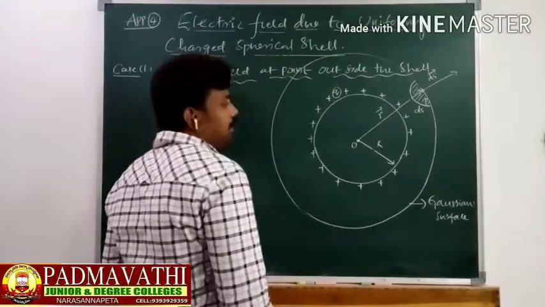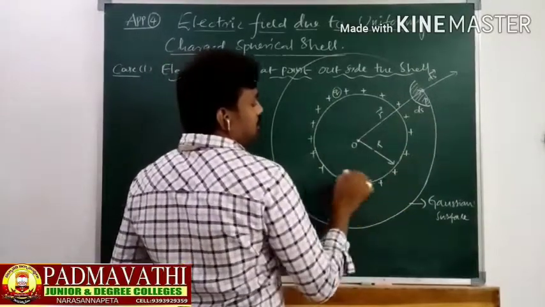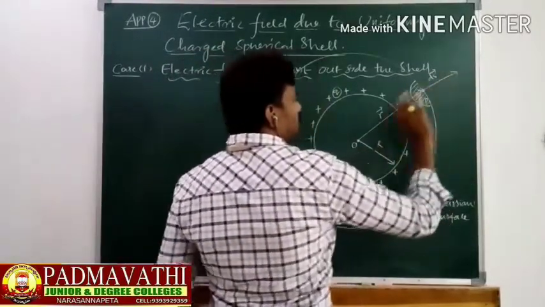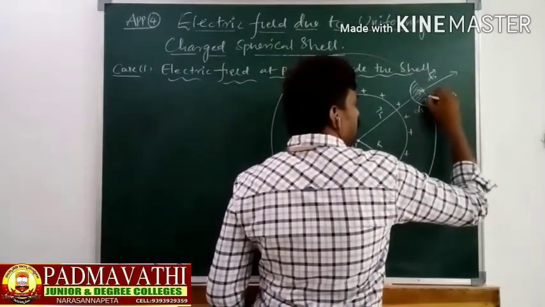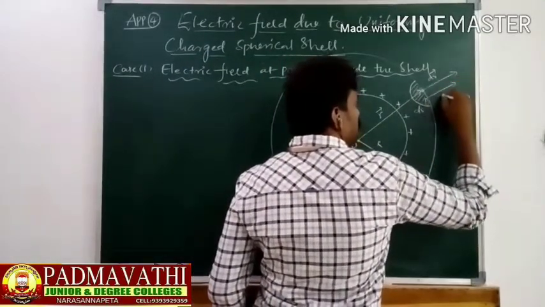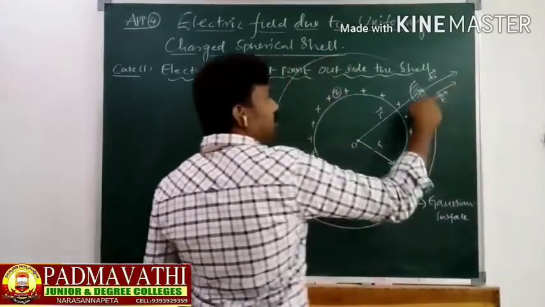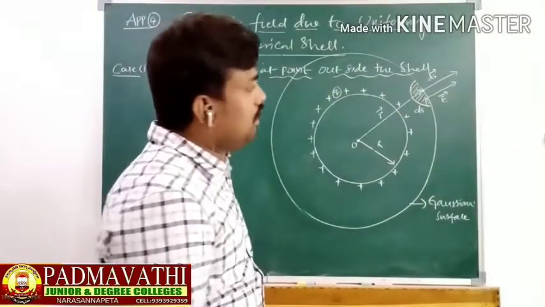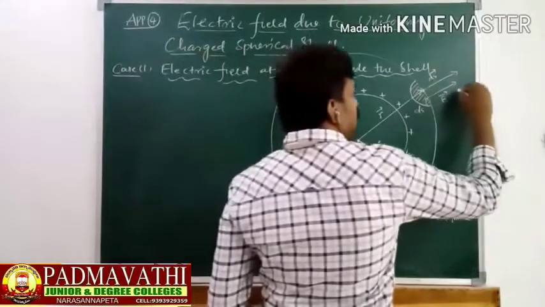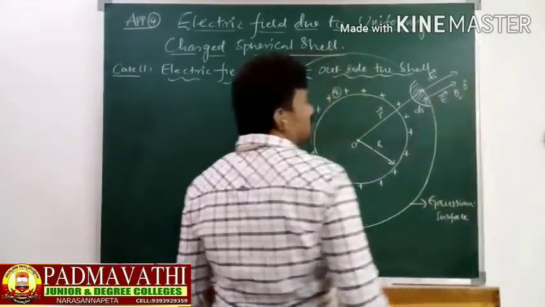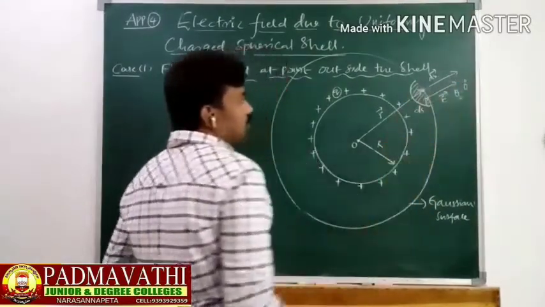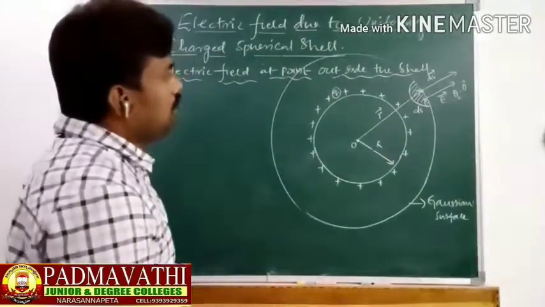And similarly, the electric field coming out of this small surface area will be perpendicular to the surface, and that will also come out like this. So this is E bar. E bar as well as ds bar will be parallel to each other. So then theta will be equal to how much here? 0 degrees. Remember, we are making use of this angle.